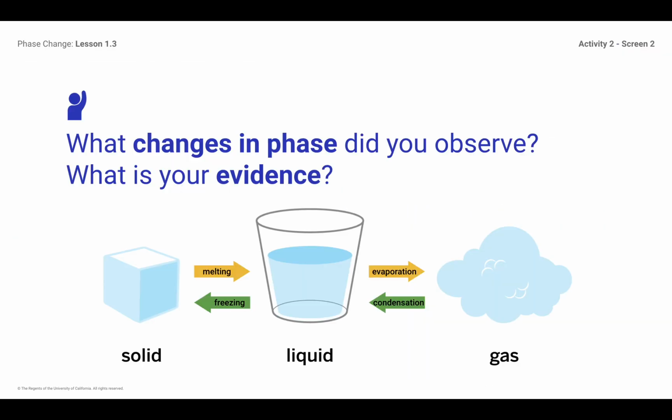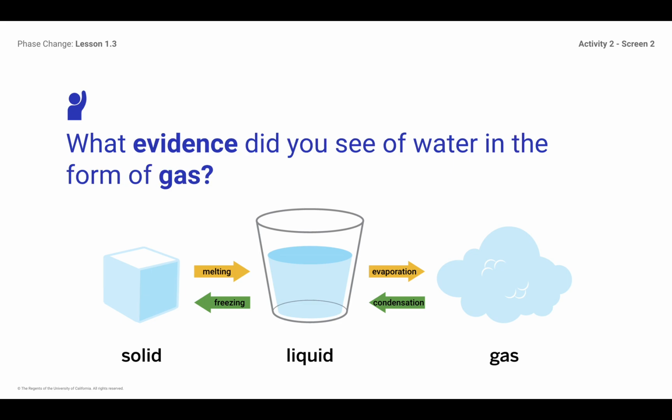So what changes did we observe? We observed condensation. My word. We observed the gas condensing on the inside of the cup to a liquid. That's what we saw. And the evidence that we saw water in the form of gas is that we did see the steam. Now remember, the reason why we can see the steam is because it's sort of halfway between a liquid and a gas.